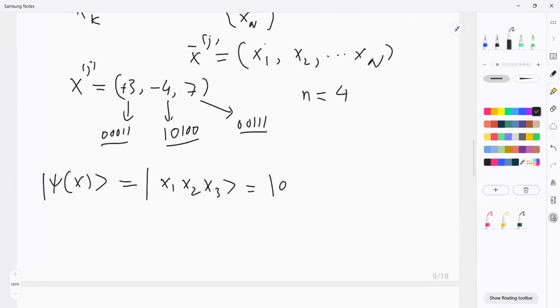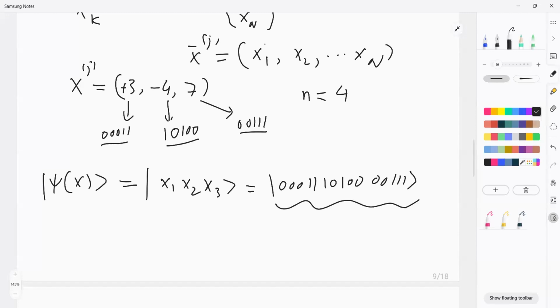So this would become 0, 0, 0, 1, 1, 1, 0, 1, 0, 0, 0, 0, 1, 1, 1. So this is a state in which the data has been encoded in its basis.